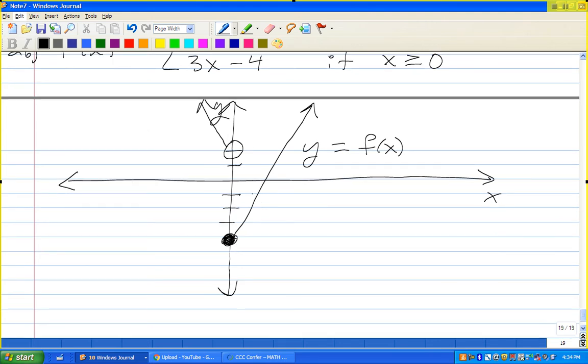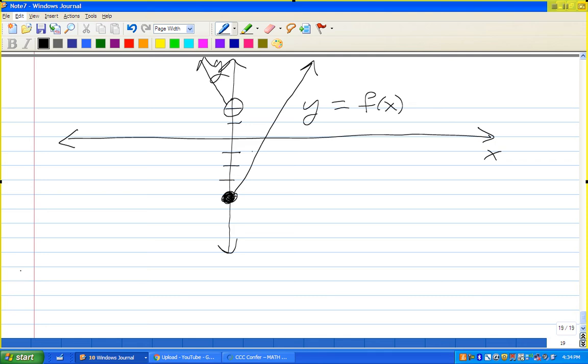Let me do problem number 27. Solve the system. x plus y plus z equals 2. Let me call that R1.